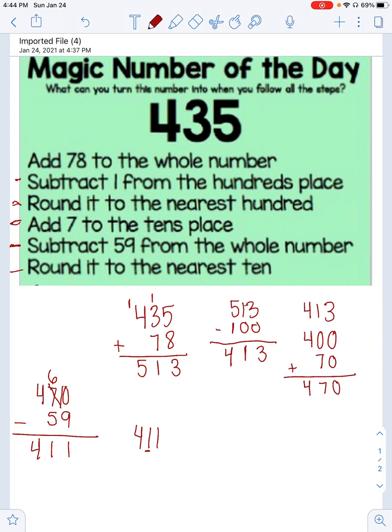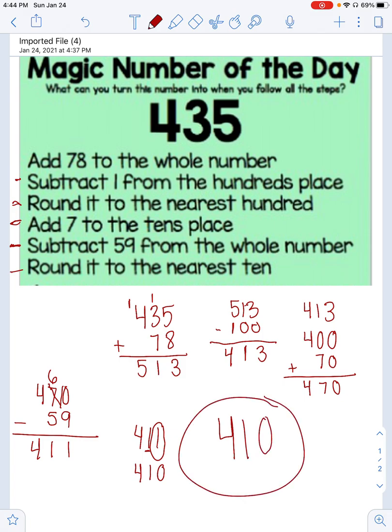Well, since this 1 is here in the ones place, that means it's closest to 10 and not 20. So rounding 411 to the nearest tens place would be 410. So the magic number of the day for me is 410.